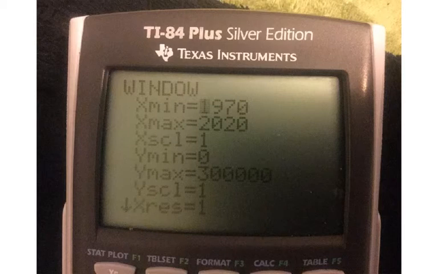My y minimum, I made 0. The reason for that is because my output is a population, and you can't have negative population. And I made my y maximum 300,000 only because I wanted to find when my graph was going to be at 250,000, so I needed something bigger than that.